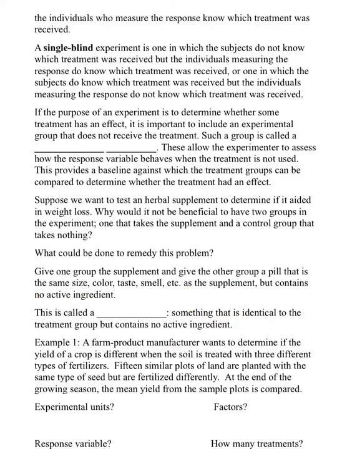Now, some people might think, why don't we just give everybody the new cancer treatment and see if they get better? Isn't that a better way to determine if it's working? Actually, no, because you would need another group to compare the treatment group with to make sure that it really just is the new treatment that's helping these people and it's not something else that's happening.